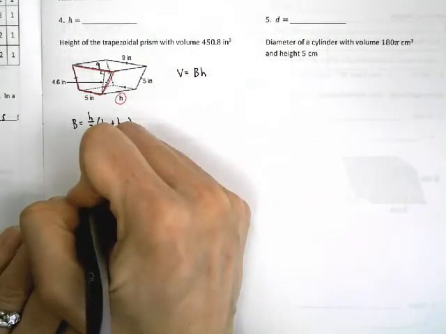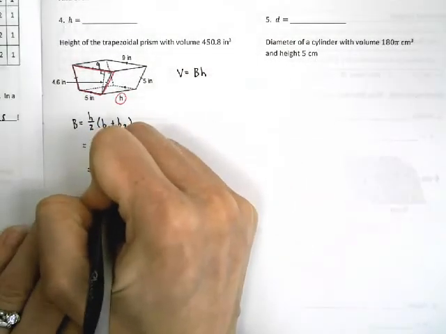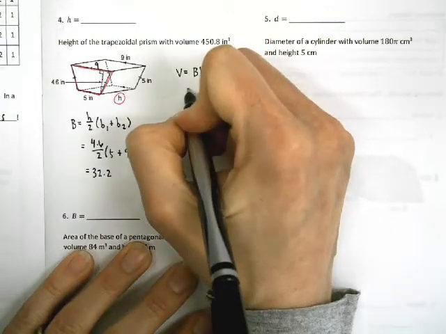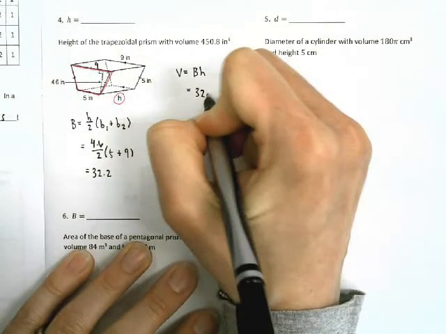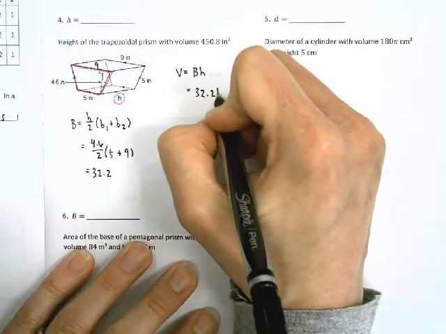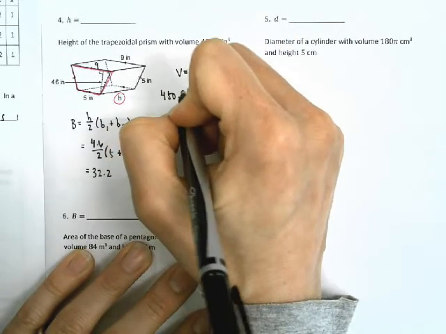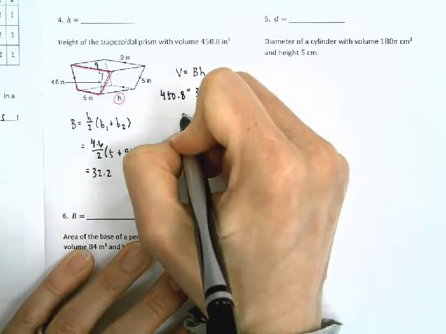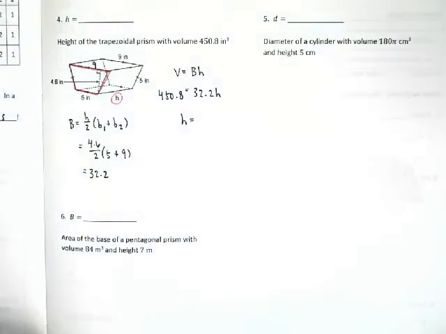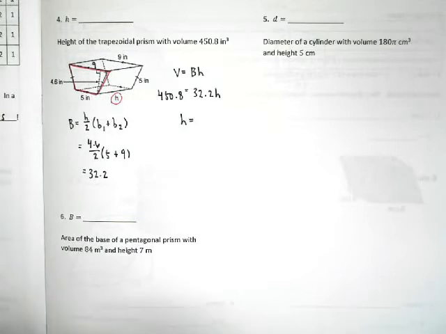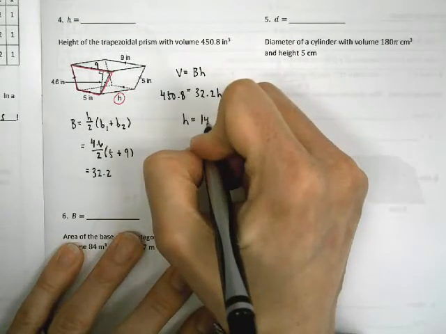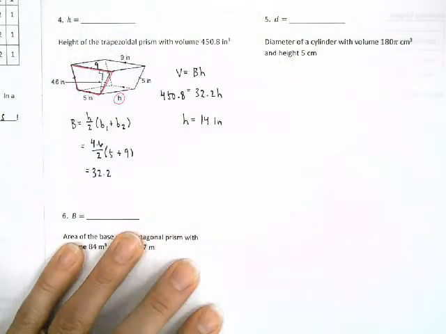Which I get is 32.2. So I know that's my B, the area of my base. We're trying to solve for the height, and we know that volume is 450.8. So now if I divide both sides by 32.2, I get my height is 14 inches.